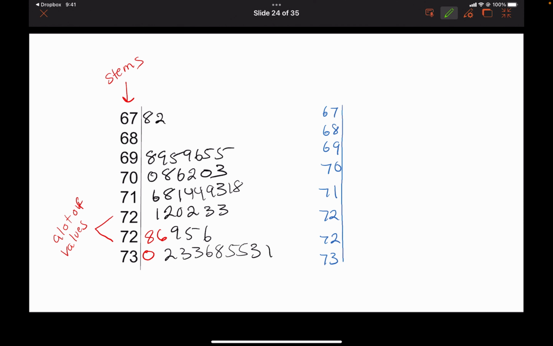Your final stem and leaf plot will have the leaves in order smallest to largest. So instead of 8, 2, this would be 2, 8. We don't have any 68s. I need to make sure every value is in there, but from smallest to largest. So it will look like this.